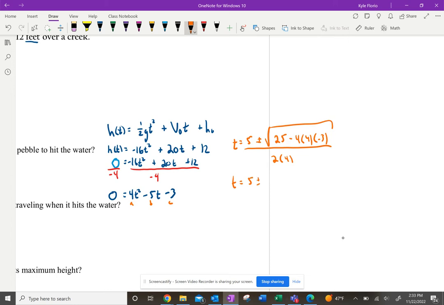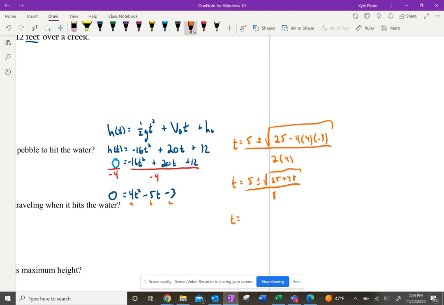So that's going to be 5 plus or minus the square root. Let's see, 4 times 4 is 16. 16 times 3 is 48. The double negatives are going to make it plus 48, so 25 plus 48, all over 2 times 4 is 8.